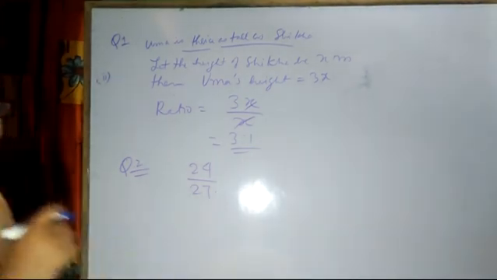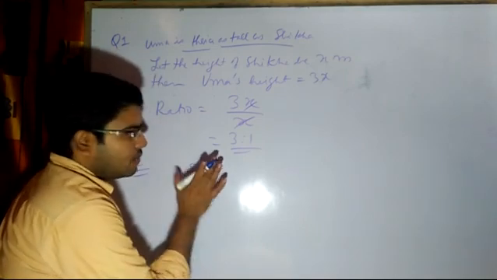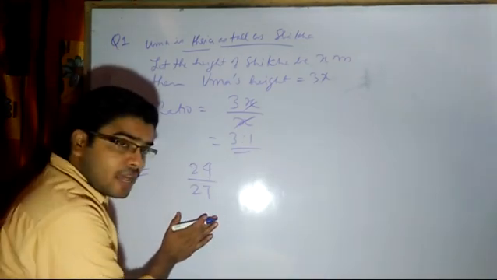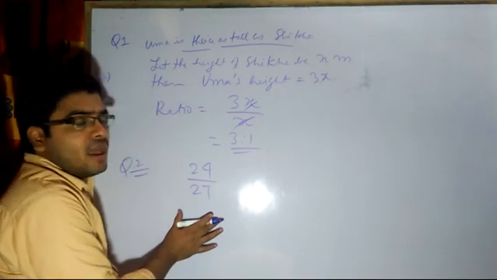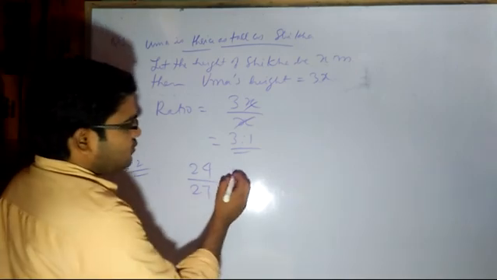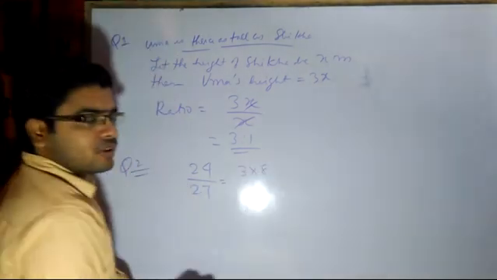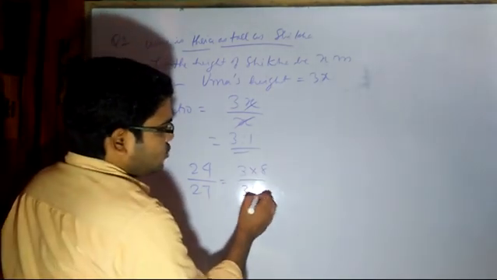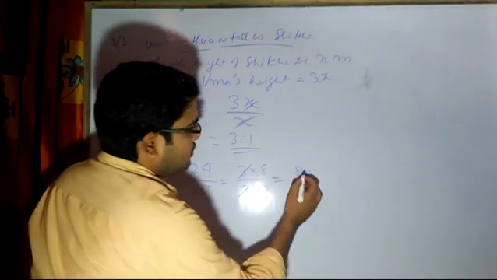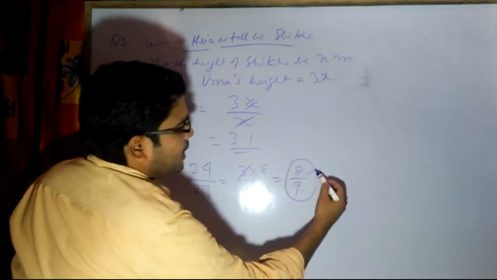Converting a ratio into simplest form means the numerator as well as the denominator should not have any common factor except 1. That means I can write 3 into 8, 24, and 3 into 9, 27. So 3 will be cancelled, and I will have 8 by 9. Yes, so this is the simplest form.